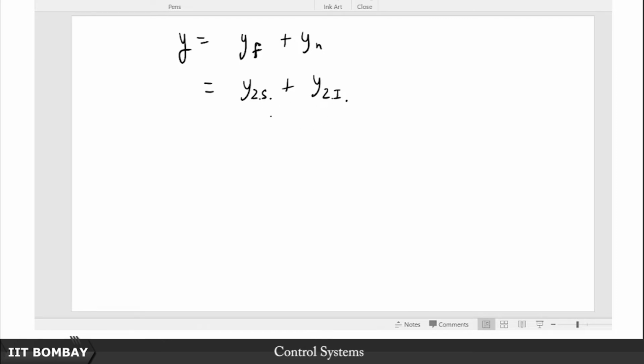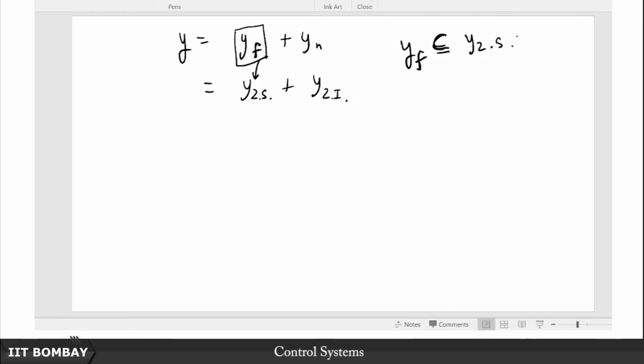In other words, remember this y f will be only a part of the zero state response. So y f is only a part, of course very loose notation here, of the y zero state, okay.